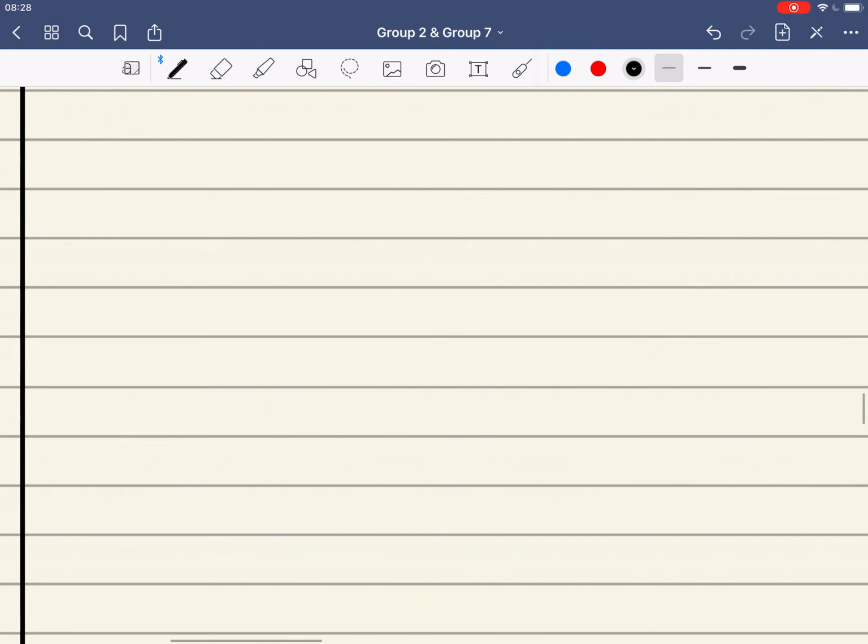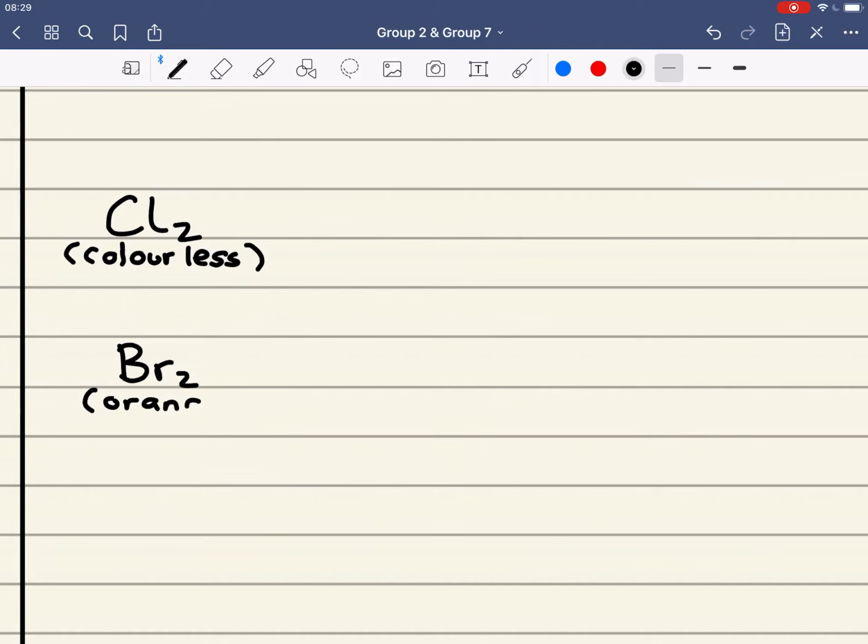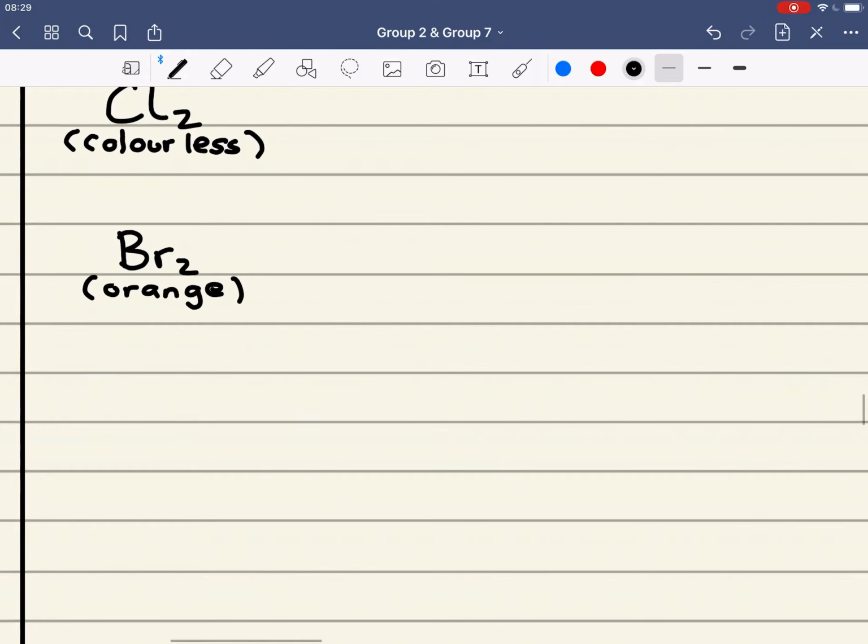So let's have a look. We'll put the halogens going down, and just make a little note that chlorine solution, or chlorine water, is colourless. Bromine water is orange, and a solution of iodine is brown.